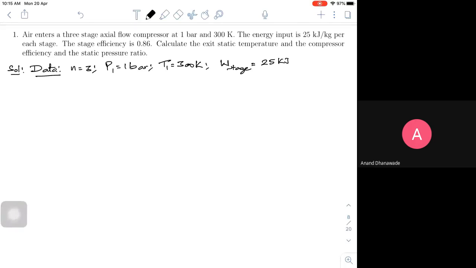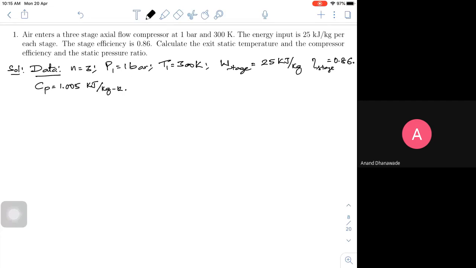Fine. And the stage efficiency is 86% or 0.86. And this being air, we can assume Cp to be 1.005 kilojoules per kg degree Kelvin.